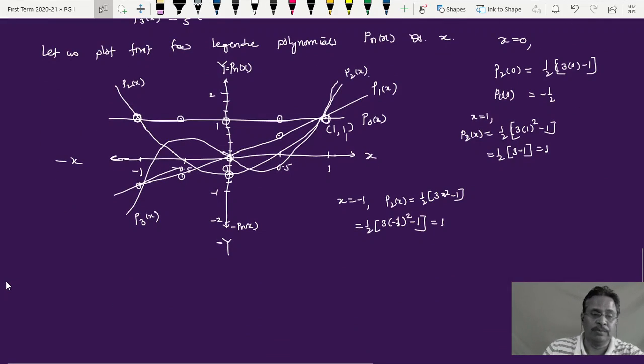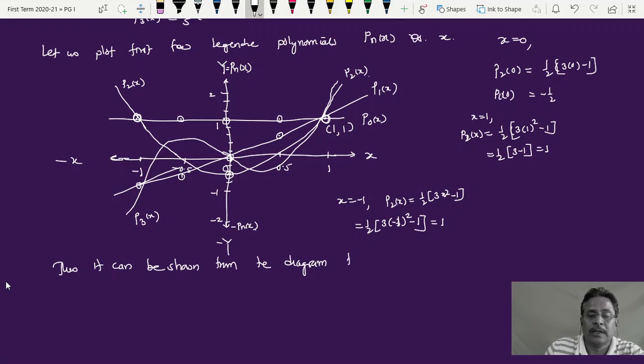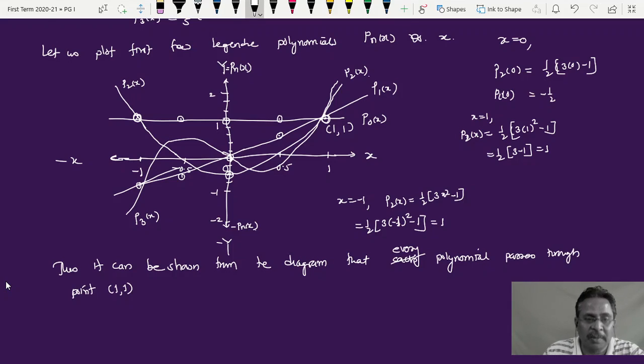Thus it can be shown from the graph, from the diagram, that every polynomial passes through point 1 1, not 1 minus 1 or minus 1 1, etc. Except at 1 1, nowhere are they crossing.